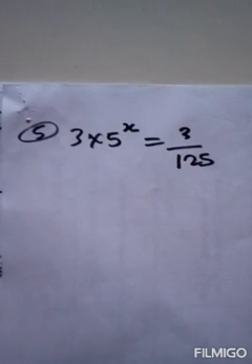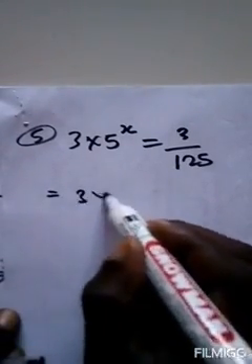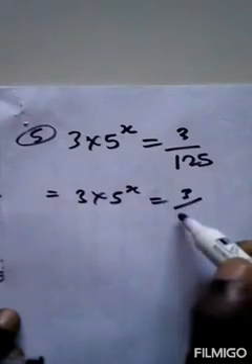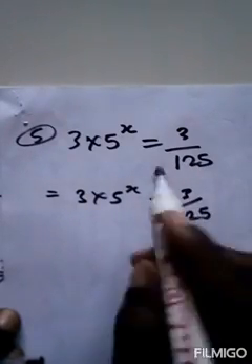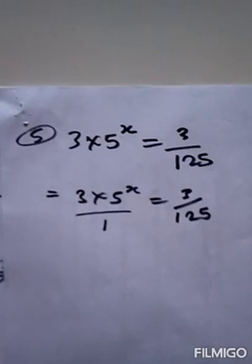On one side we don't have a fraction, the other side we have a fraction. So in the next step you make both sides a fraction. You say 3 times 5 to power x is equal to 1 over 125. When you make that a fraction, you can cross multiply.